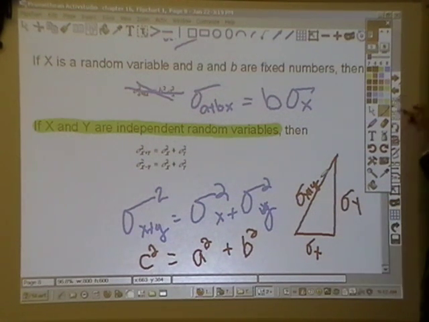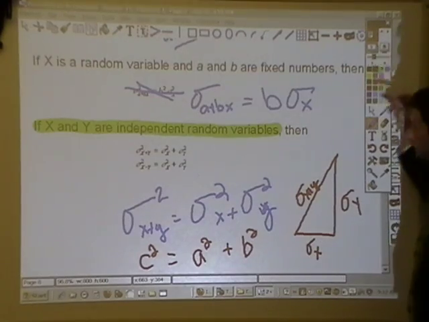Here's the part that messes with you. Highlighter again, this time the orange.